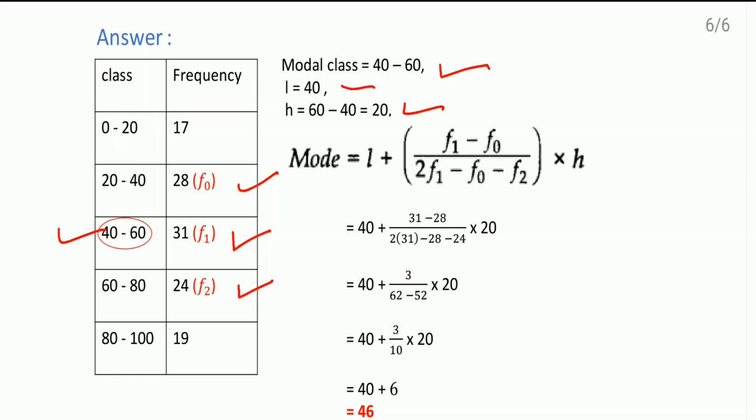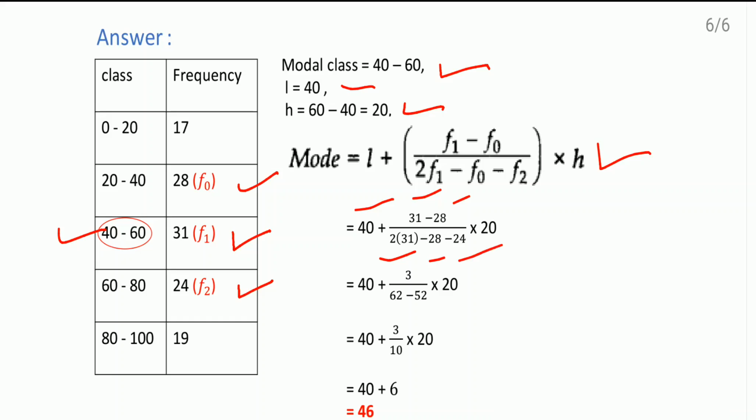Okay, let us see the formula. Now we just have to substitute all these values in this formula. Lower limit is 40, so here 40. F1 minus F0, 31 minus 28, divided by 2 times F1, so 2 times 31 minus 28 minus 24.